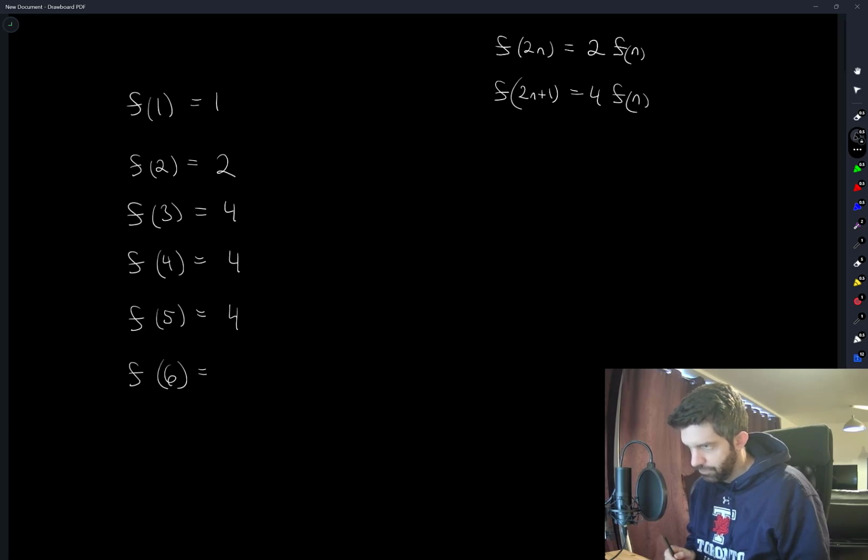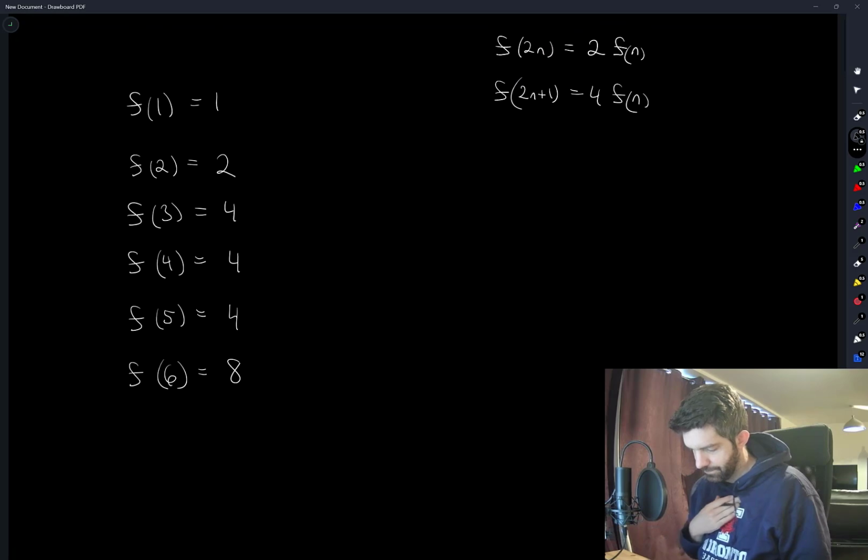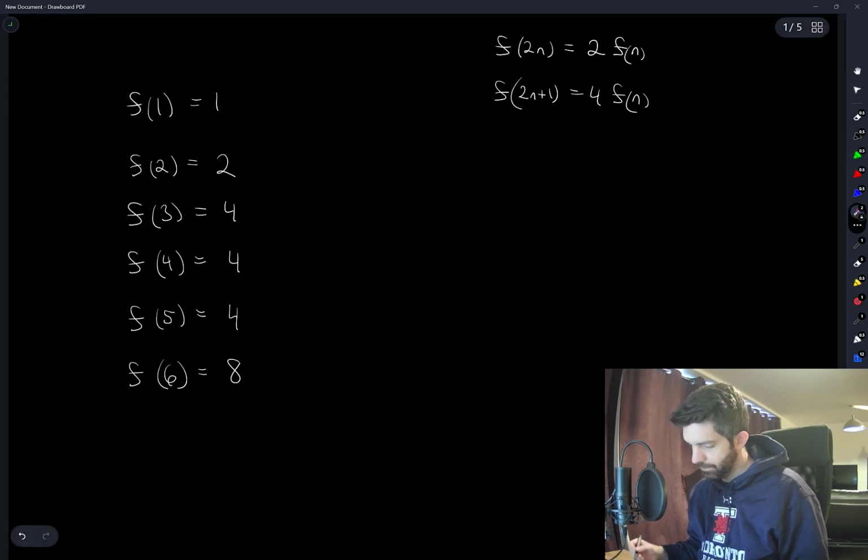F of 6 is 2 times f of 3. Just make sure I haven't made any mistakes yet. F of 4, so that should be 2f of 2. Okay. F of 5 should be 4f of 2. Maybe that's a mistake.